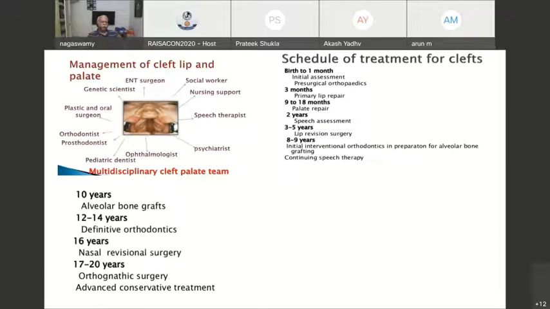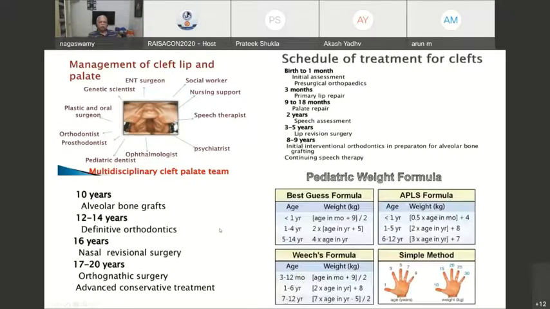So at 10 years alveolar bone graft, 12 to 14 years you start repairing the teeth. At 16 years, especially in female patients, you may require a nasal reconstruction or nose correction. And at 17 to 20 years, you may have to do some orthognathic surgery.